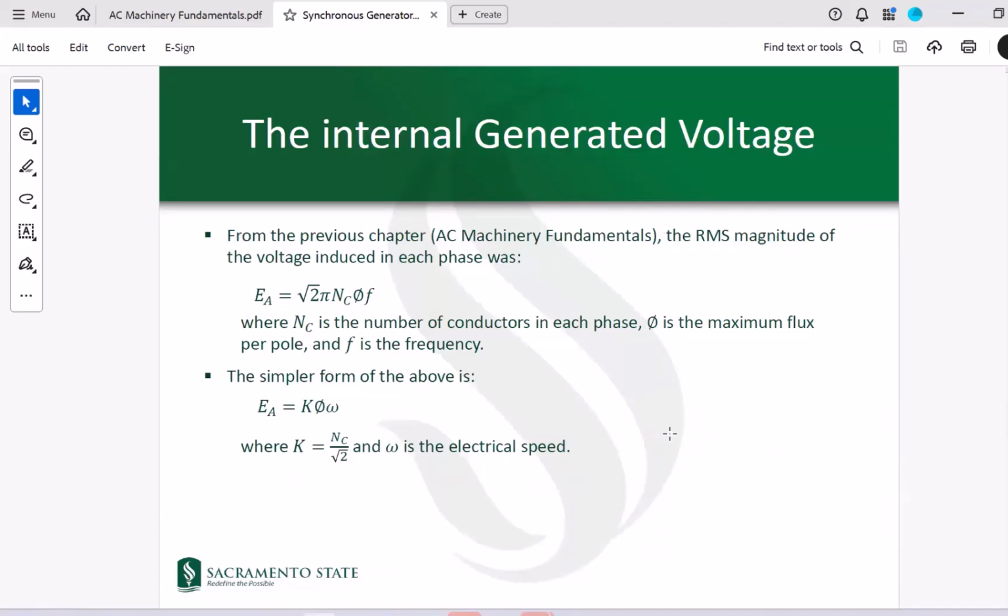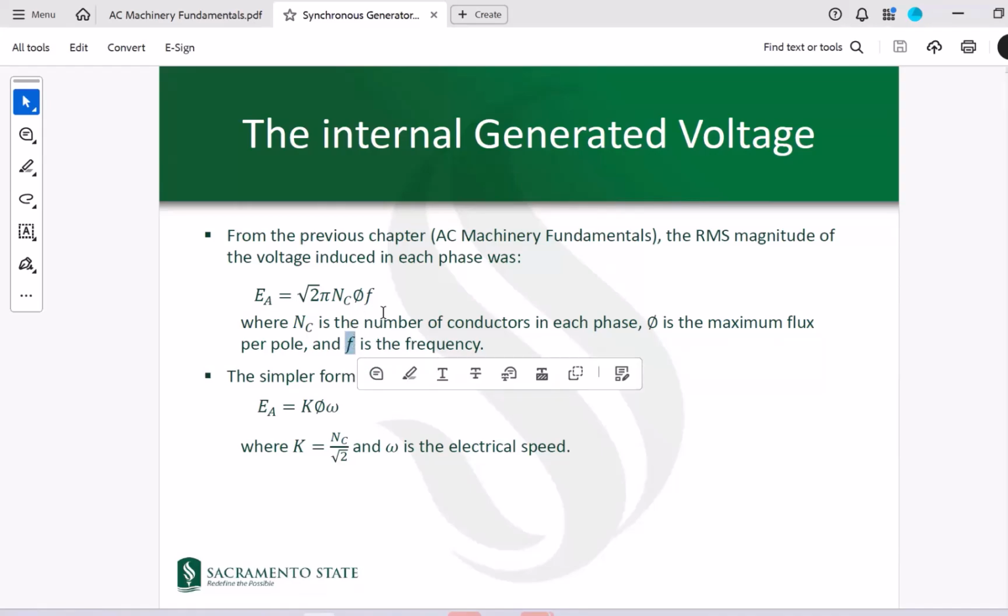The internal generated voltage in the machine comes from the equations in the previous chapter. The RMS magnitude of the voltage induced in each phase, the RMS armature voltage EA, was square root of 2 times pi times NC times phi times F. So what are these? NC was the number of conductors in each phase. Phi was the maximum flux per pole. F was the frequency.